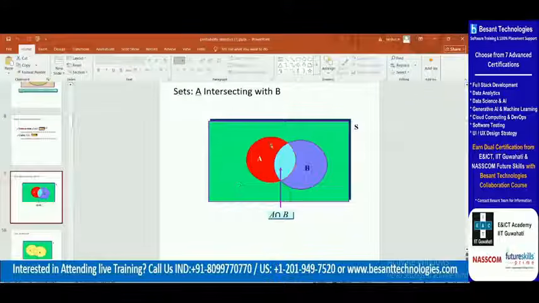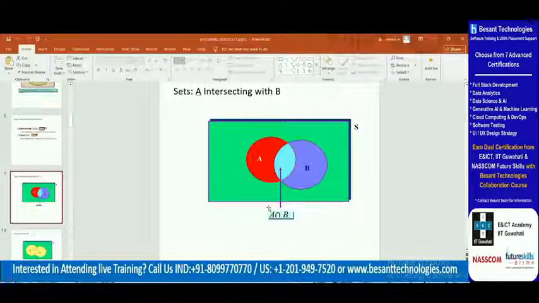So that 1, 2, 3, 4, 5, 6 I will be having inside this A. And 1, 2, 3, the components of B, I will be having inside this B. Okay. So the common elements of A and B I'll be having in between this space. Can you see the space? So this is about my intersection.